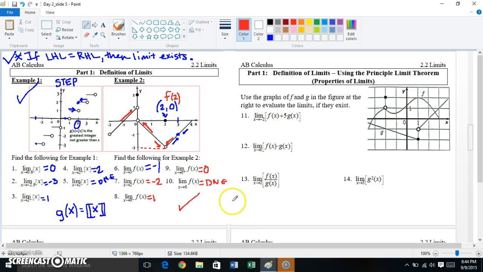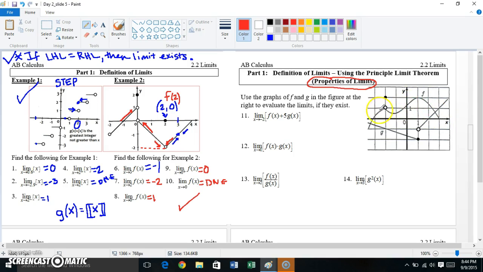Okay. All right. These next 4 questions are asking us to use the properties of limits. So you might refer back to that list if you have it handy. All right, first of all, we have 2 functions here. We have this f of x function.